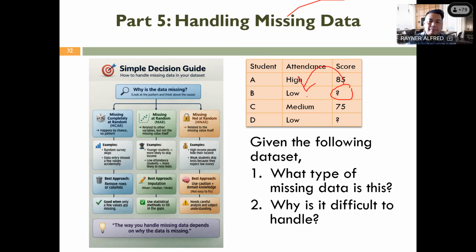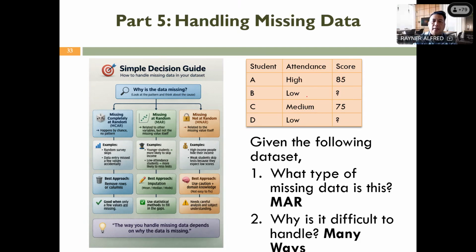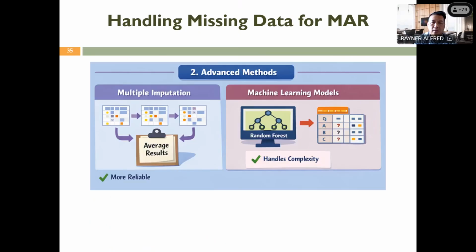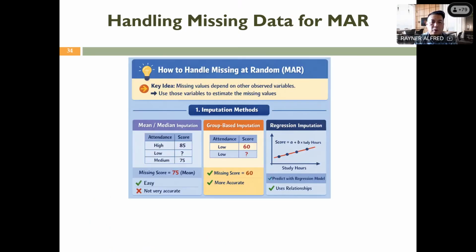Okay. So here is the conclusion for missing at random, because missing at random has something to do with the other variables.